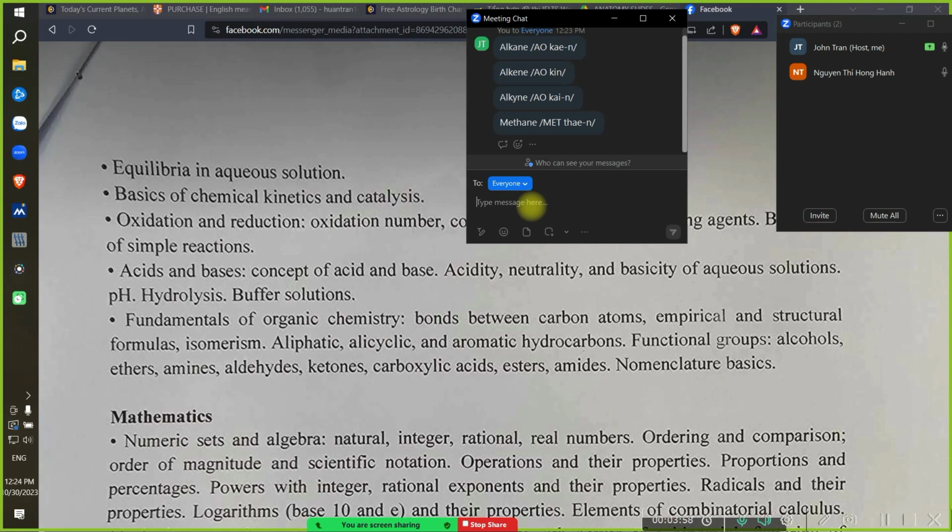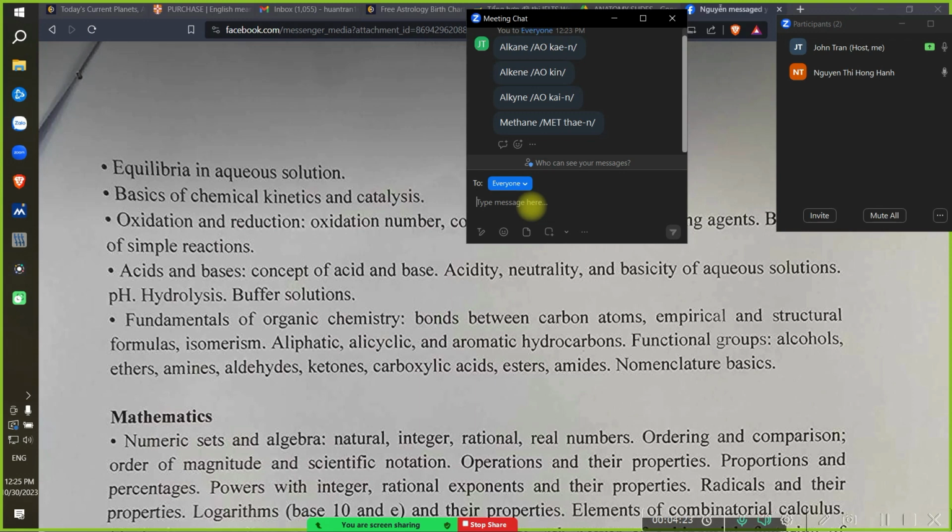Ethane. For that we need a double carbon bond. An alkene must contain at least one double bond.